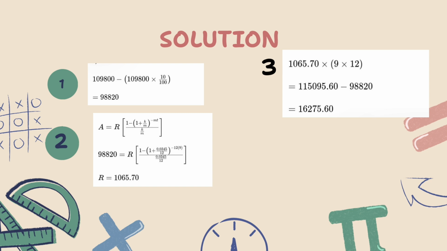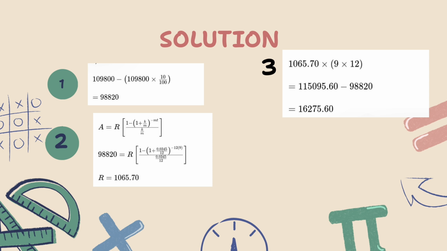Then I apply the present value annuity formula with an annual interest rate of 3.45% compounded monthly for 9 years. After solving for R, the monthly payment is 1,065.70 ringgit.